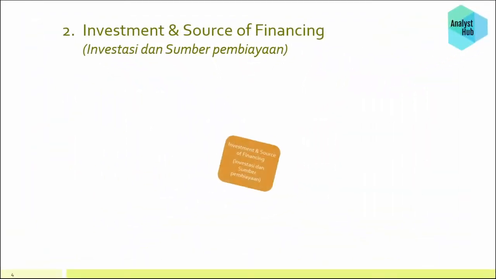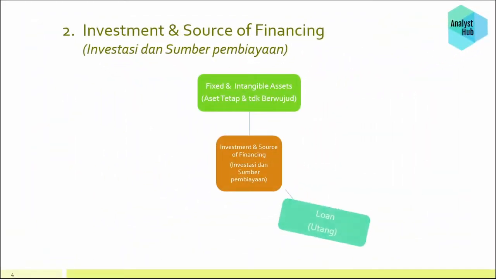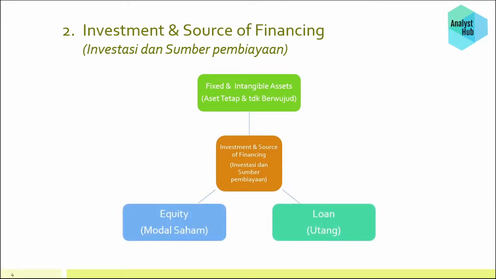The second element is investment and source of financing. In making the investment projection, we have to list all assets that will be acquired, whether fixed assets, for instance a building, or intangible assets such as brand and pre-operating expenses. The source of funding to finance those investments also must be specified, either in the form of equity or loan.